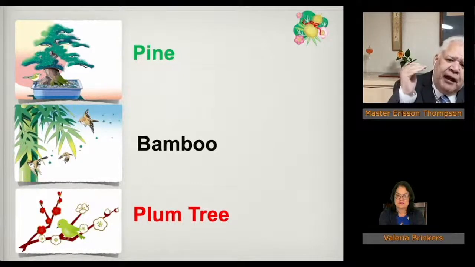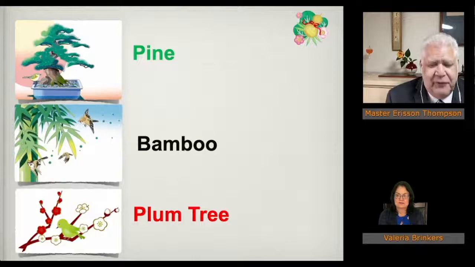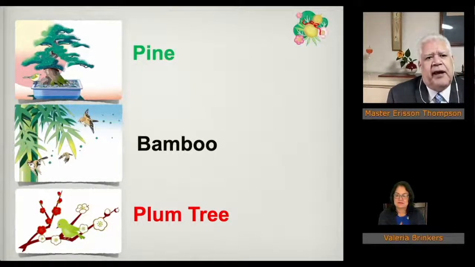They say pine, bamboo, and plum are the three winter friends because at that time in Japan they bloom. So they are used in Ikebana, in painting, in calligraphy, using the symbology of each one. The long life of the pine, the flexibility of the bamboo, and the joy of blossoming plum trees in winter.